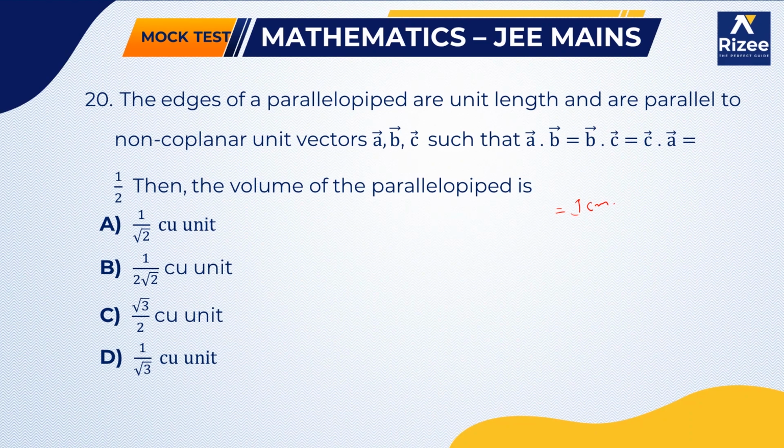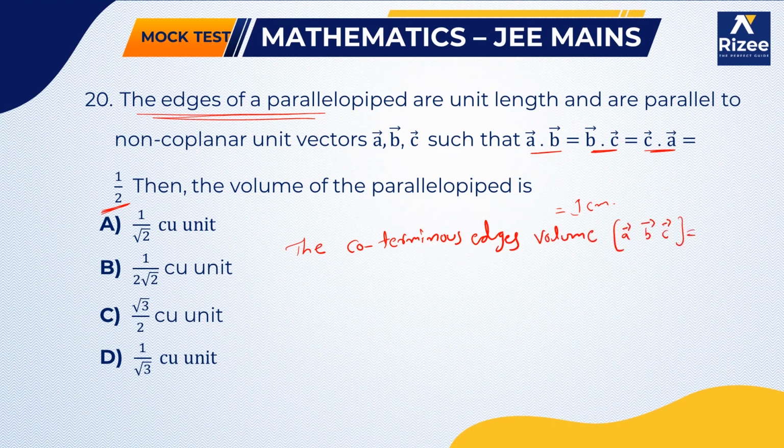Here the given edges, the coterminous edges volume, a bar, b bar, c bar, is equal to the whole square.